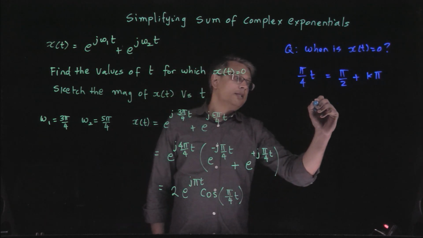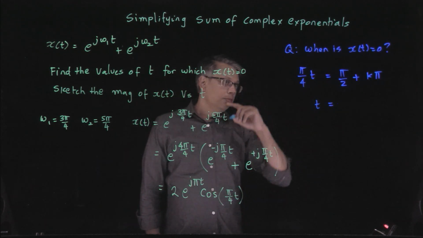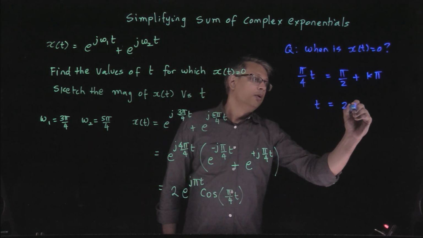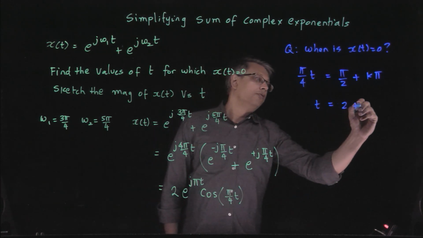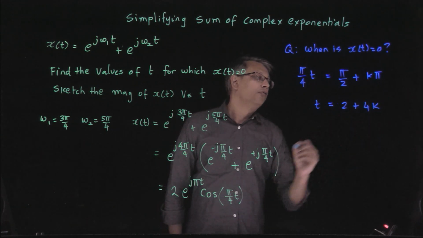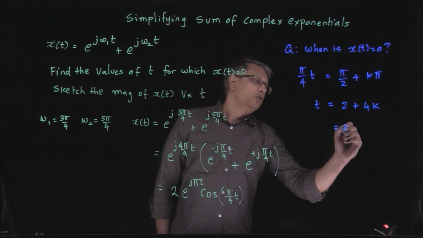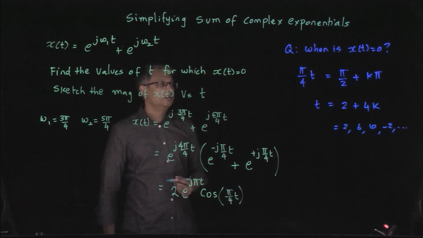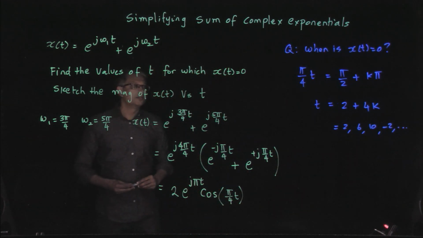And that tells us that t will be 2 plus some integer multiple of 4. So when t is 2, 6, 10, negative 2, so on and so forth, this function goes to 0.